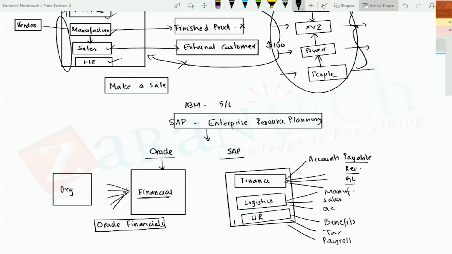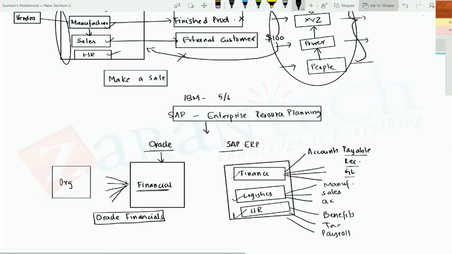So rather than going for a specialized product, SAP created this product called SAP ERP. This is a general product which can be used by any organization, because any organization is going to have finance, some kind of logistics, and use human resources on a daily basis.